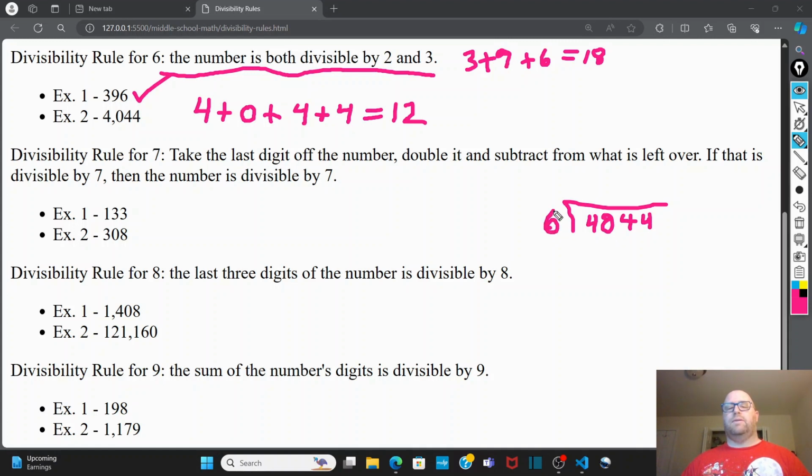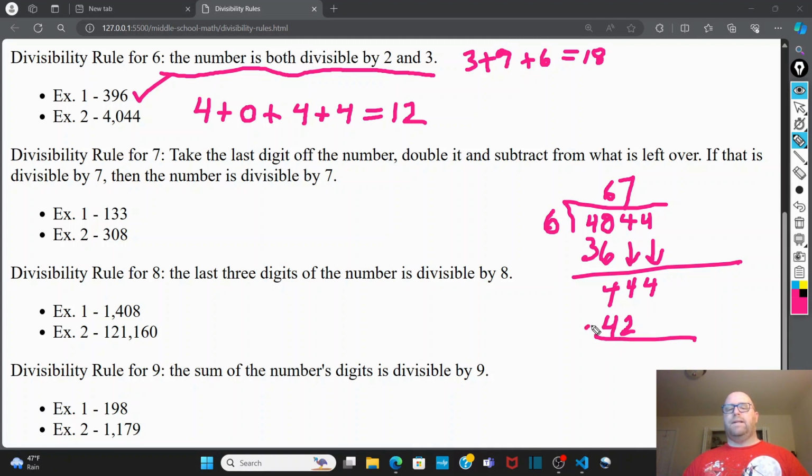dividing by 6. 6 doesn't go into 4, but it goes into 40 6 times. 6 times 6 is 36. 40 minus 36 is 4. Bring down the other 4s. 6 goes into 44 7 times. 7 times 6 is 42. 44 minus 42 is 2.